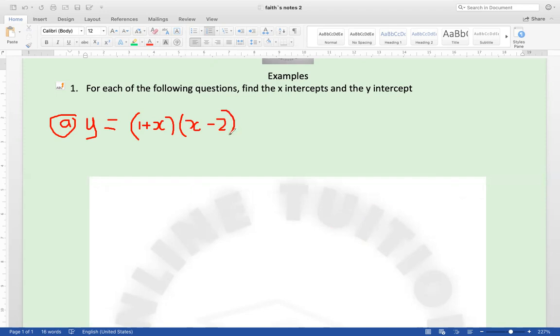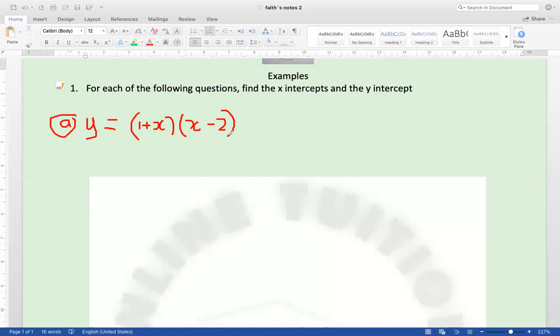So in this question, how can we find just the intercepts, not the coordinates? Because remember, a coordinate has got x and y at a single point, but here it's an x-intercept, meaning on the x-axis we are just looking for the x values, and along the y-intercept we are just looking for y values.